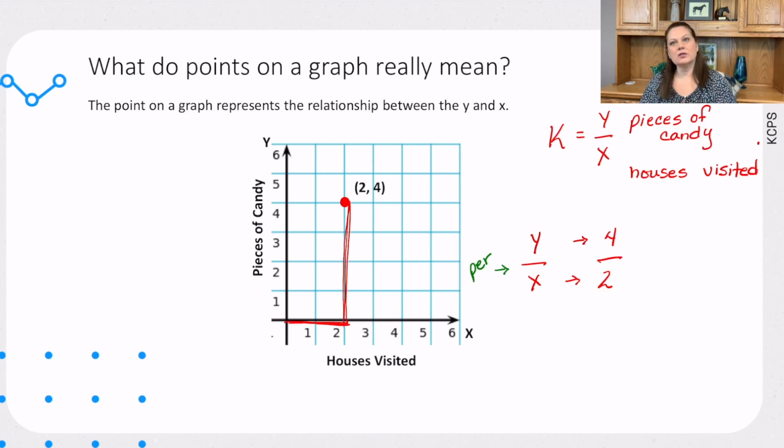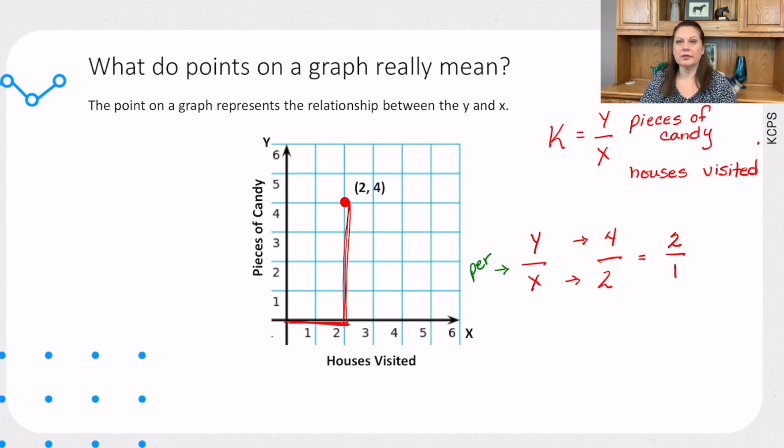Now that might sound a little strange to you because we can simplify 4 to 2. We can take it down to unit rate, and when we do that, we're going to divide both 4 and 2 by the factor they have in common, which is 2. We can simplify that to 2 over 1.